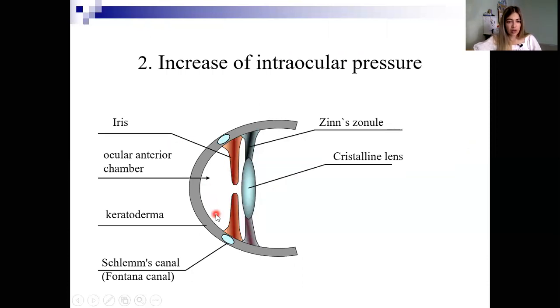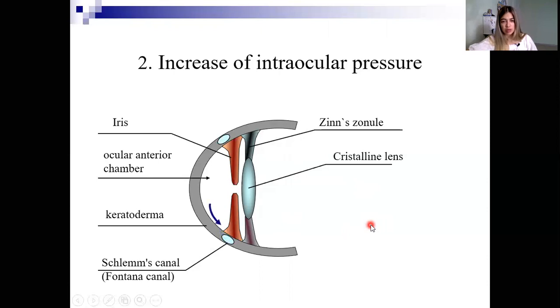Here we discussed the increase of intraocular pressure. Here, this is the eye, the front of the eye, this is the back of the eye, and the Schlemm's canal is the place where the fluid should outflow from here. This is the zonule and the crystalline lens. So what happens? The fluid should outflow here.